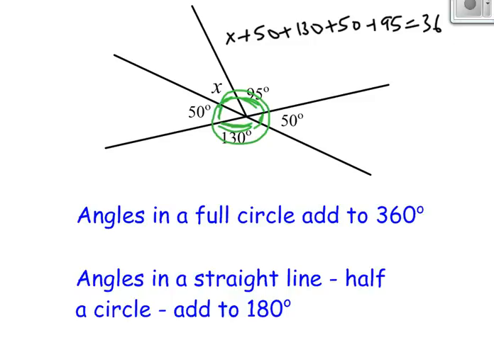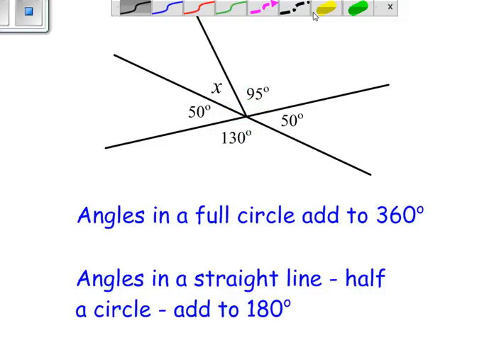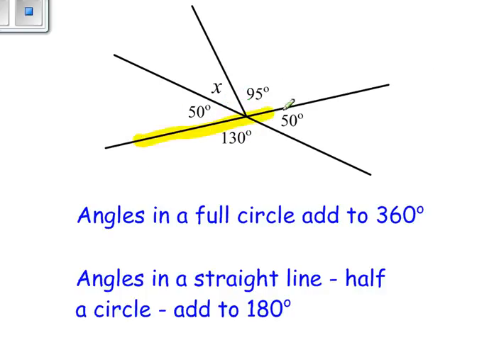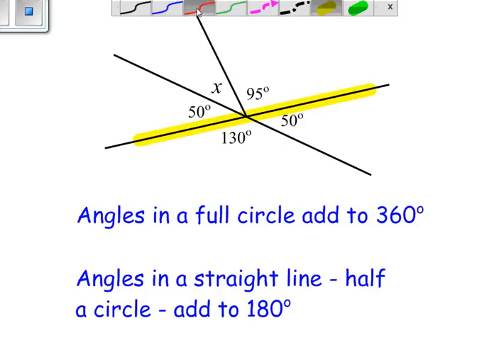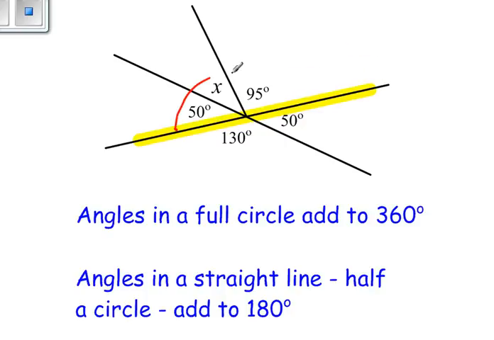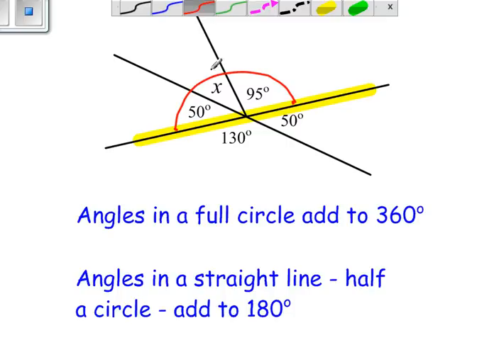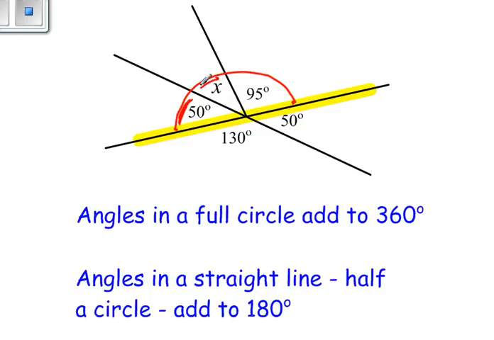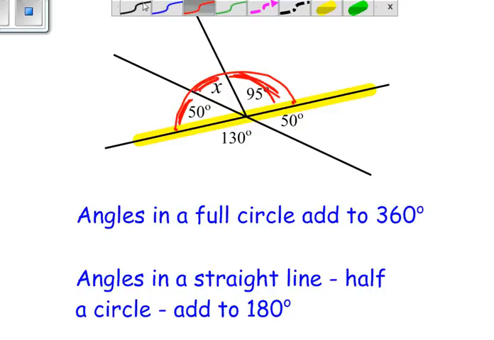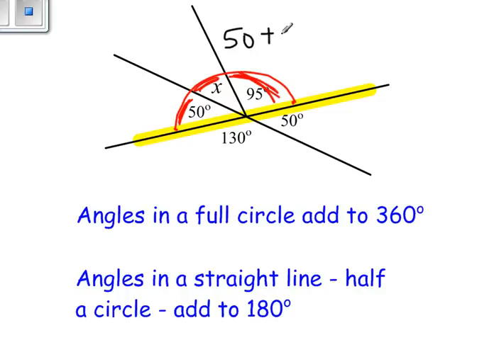But again, that's not the only thing you could have noticed. You could have also looked at, for example, this straight line and said, well, in a straight line from here over to here, I've rotated through 180 degrees. And therefore, these angles, 50 plus x plus 95, must add to 180. So 50 plus x plus 95 adds to 180 degrees, and you could solve for x that way.